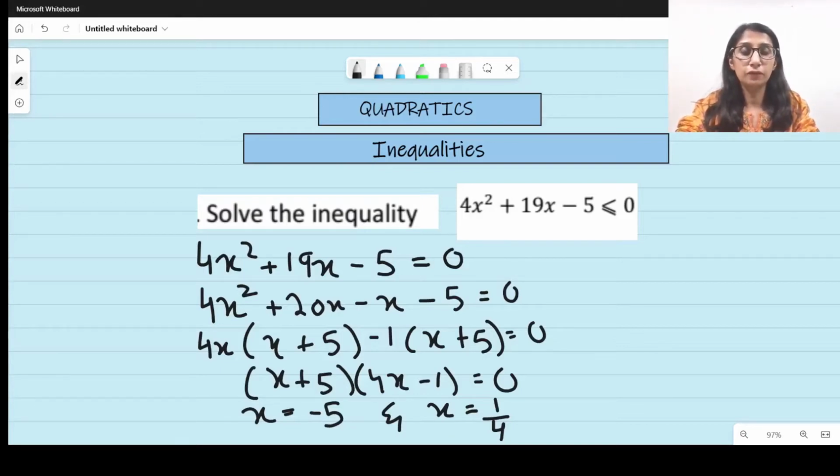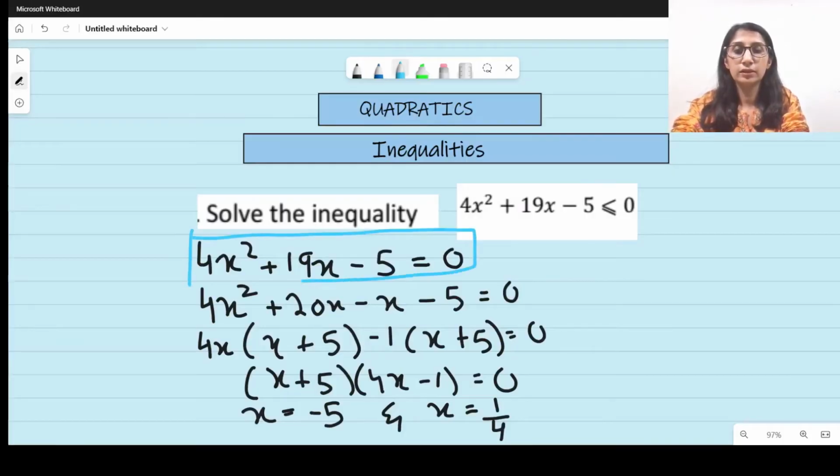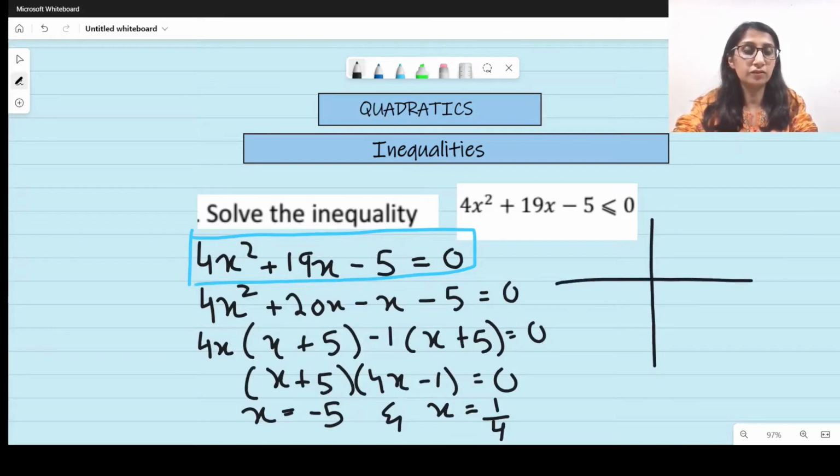Now if it's an equality, then what does this mean? If we sketch the graph of this quadratic equation, minus 5 here and 1 by 4 here, and these are the roots, the sketch would look something like this. We've already discussed sketching of quadratic equations in another video.